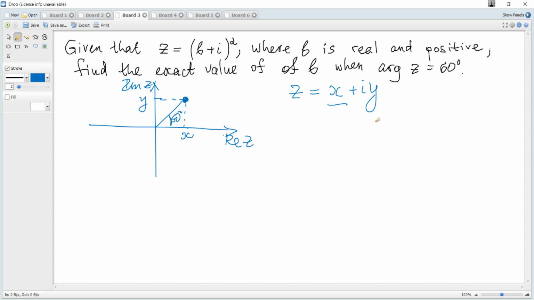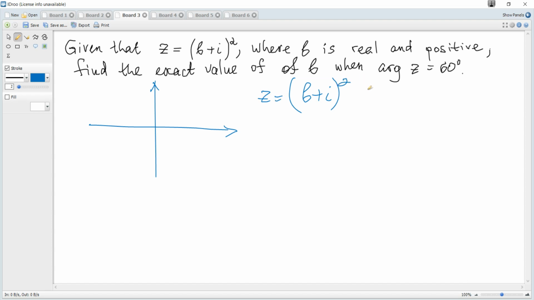So the idea is the next. If we represent the given complex number in the form x + iy, we can relate x and y using, for example, the tangent of 60, and hence we can solve for b. So let's consider the given complex number and open the parentheses.